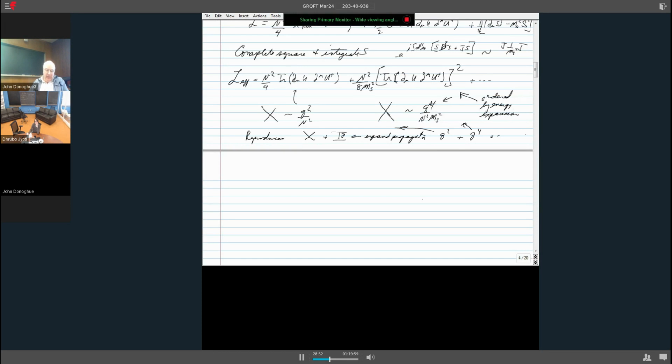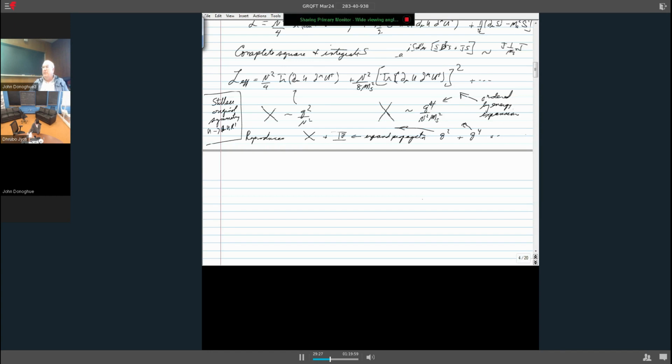Okay. So at this stage, we've got an effective Lagrangian. We've got it ordered by the energy expansion. And we've matched onto the full calculation at tree level appropriately, so we're still good there.